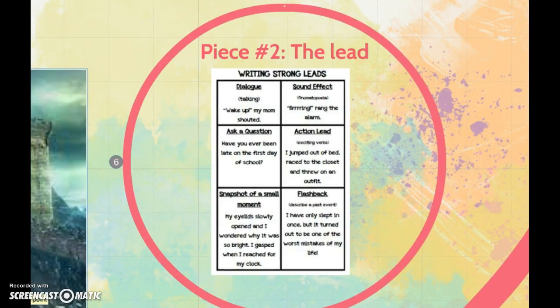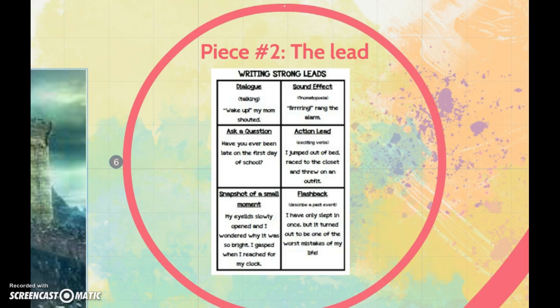The second piece that we're going to talk about today is the lead. The lead is the first sentence or two of your piece of writing. Here I have a graph of some great ways to write strong leads. You can open with dialogue, some interesting conversation happening between two or more people. You can start with a sound effect, if your story has some sort of action.